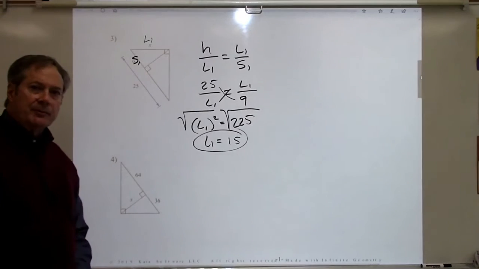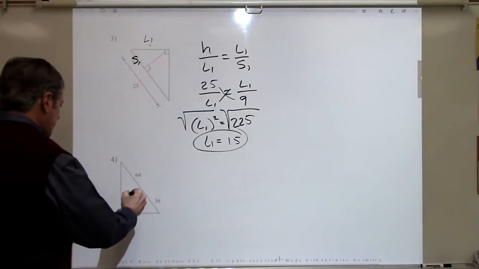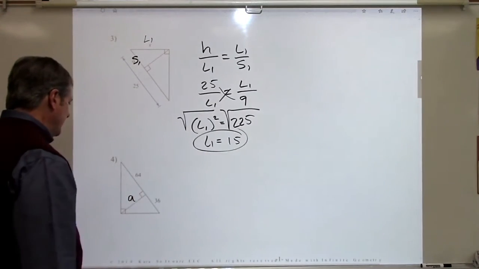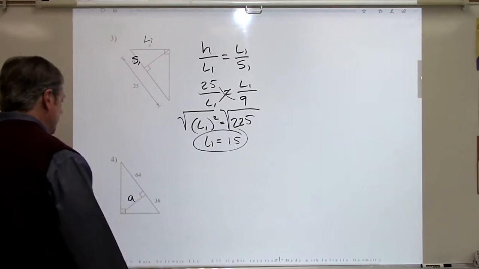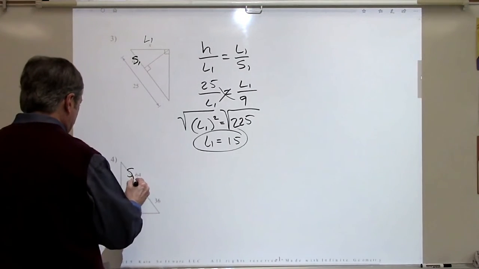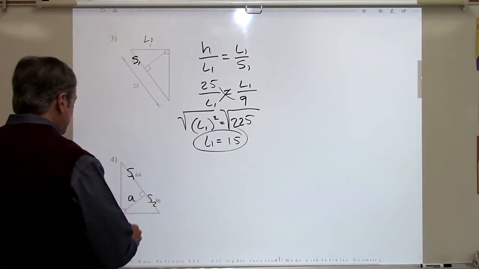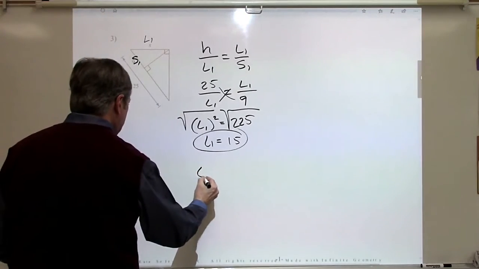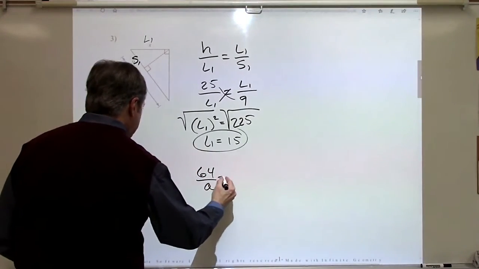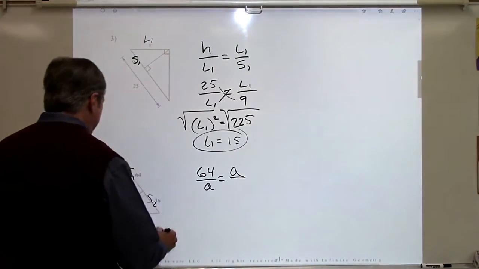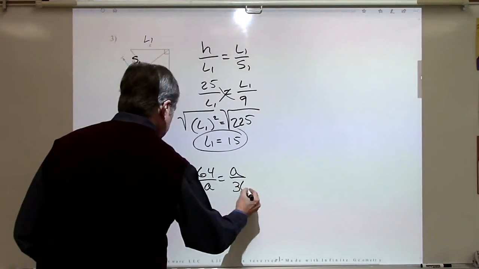All right, number 4. What are we looking for? Well, we're looking for the altitude. So we're going to use the altitude formula, which says, and we can call this segment 1, segment 2, that segment 1, 64, compared to the altitude, will be the same proportion as the altitude to the other segment.